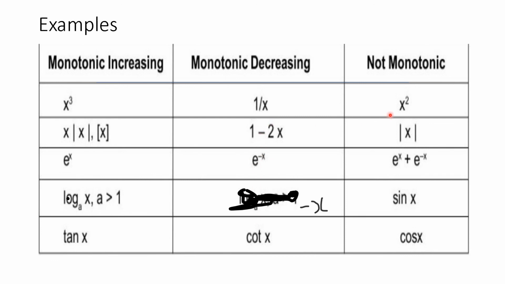Here the functions x square, modulus of x, e power x plus e power minus x, sin x, and cos x are not monotonic functions, or non-monotonic functions. Whether the function is increasing or strictly increasing, or decreasing or strictly decreasing, these functions are called monotonic functions.